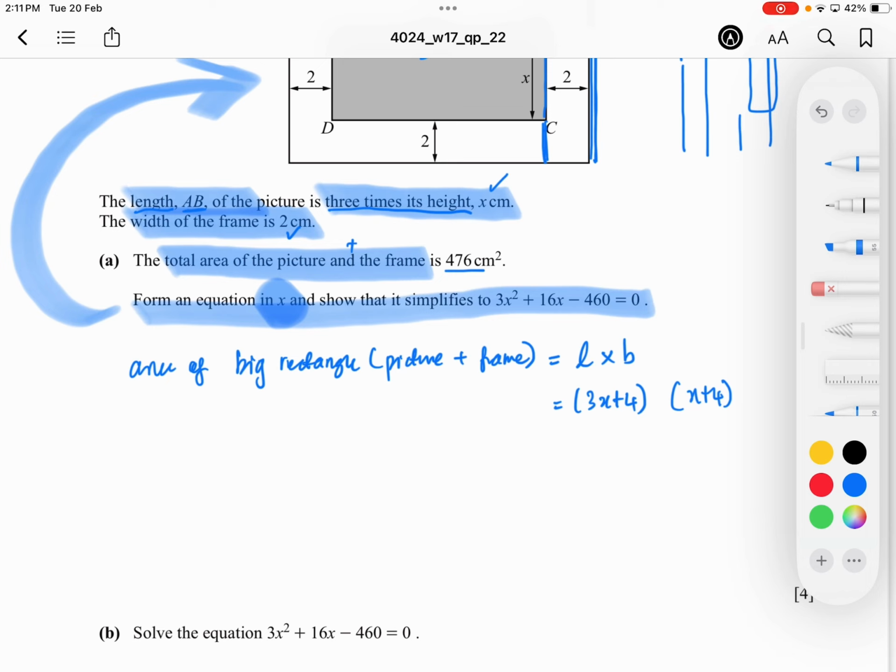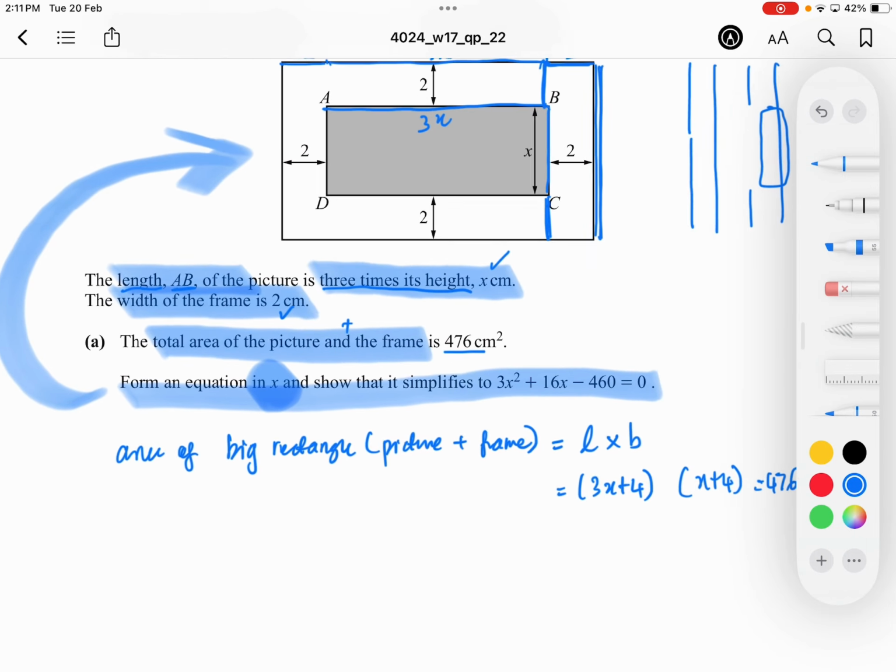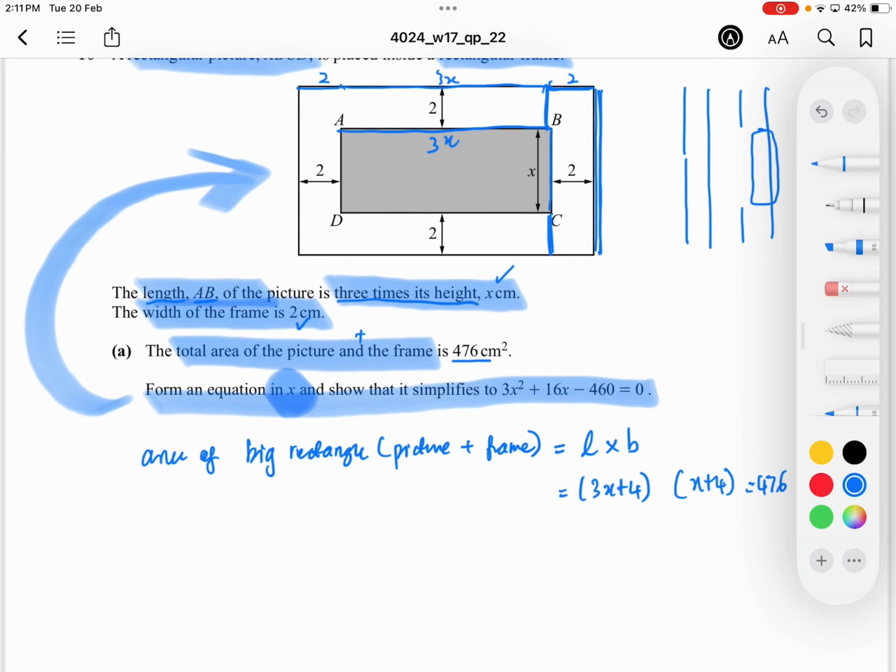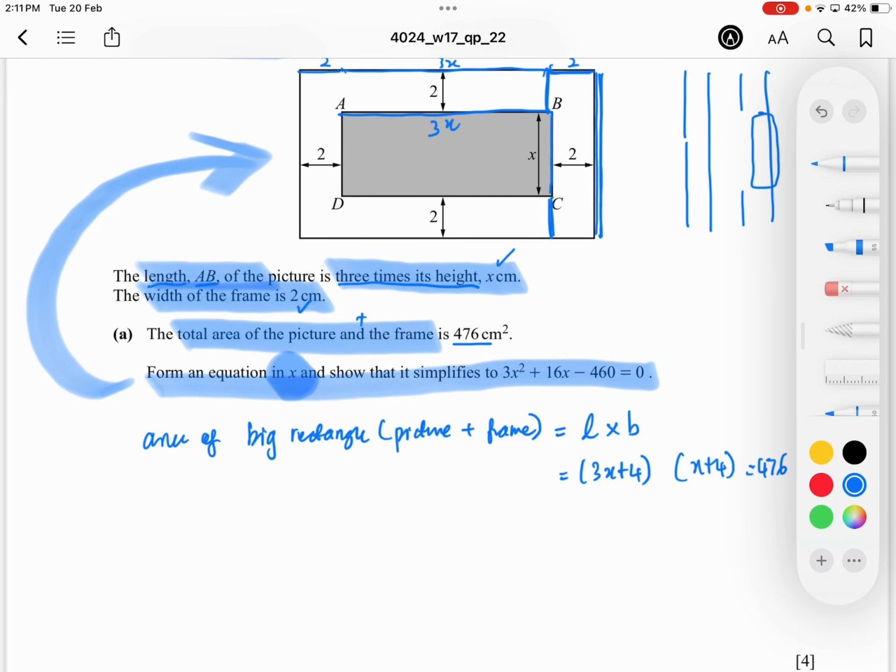Yes. Berapa Khaira? 476. Itu belum lagi kira-kira. Tadi baru dari diagram. We just taken from the diagram baru. Okay, so that's what we get.